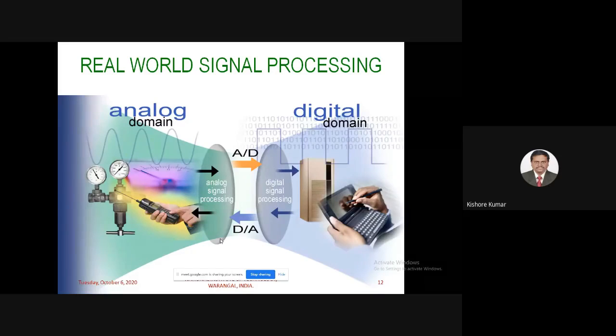As you know, a transducer is a device which converts from one form to another. Once I convert the physical quantity into an electrical quantity, suppose that signal has less amplitude and is contaminated with noise, then in analog signal processing we'll try to process this signal. Once the analog signal processing is over, this analog signal is converted into digital.